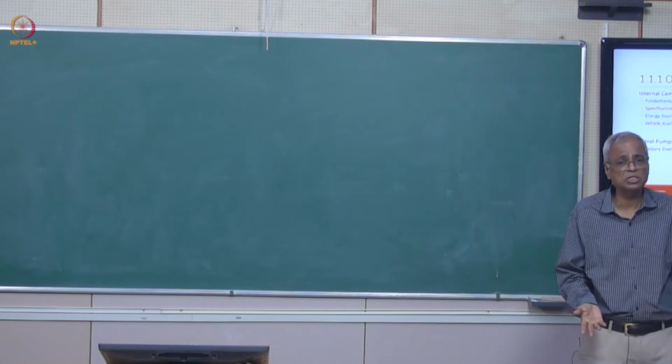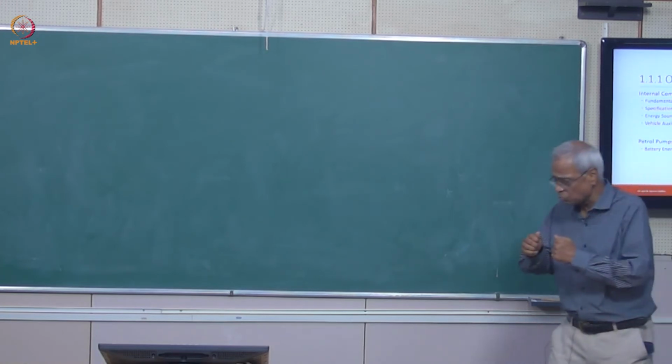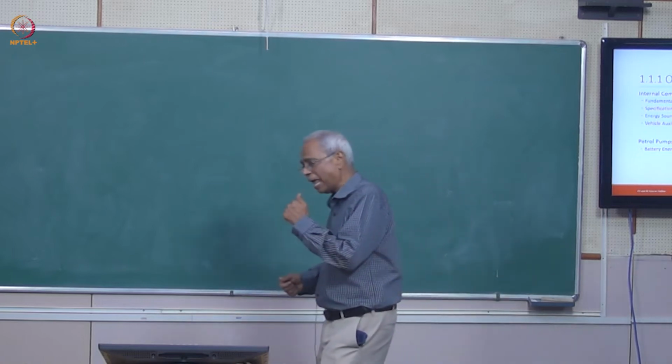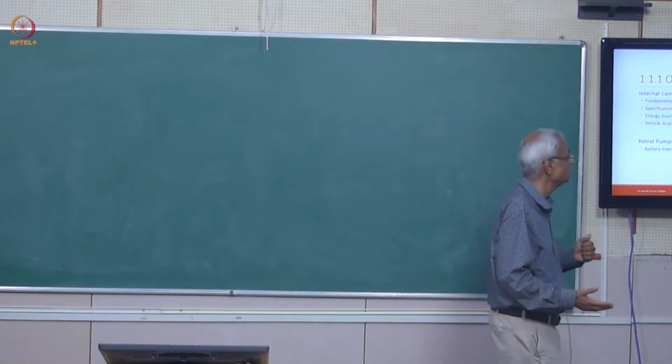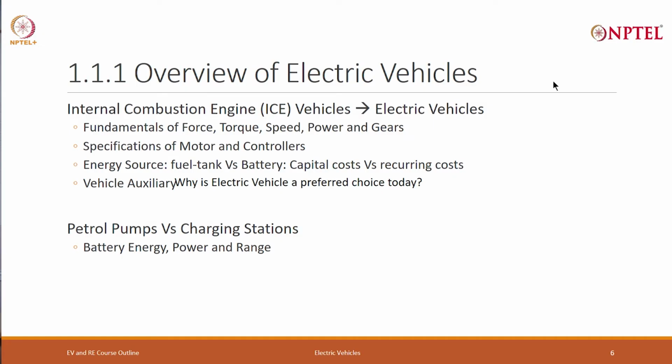That's a source of energy. Charging stations is where you will go to get your batteries, or sometimes called vehicles, charged, because from that electricity only you are going to drive the vehicle. So we will talk about petrol pumps versus charging stations, and therefore of course we will talk about battery energy, battery power and range. That's what we'll start with in overview of electric vehicles.